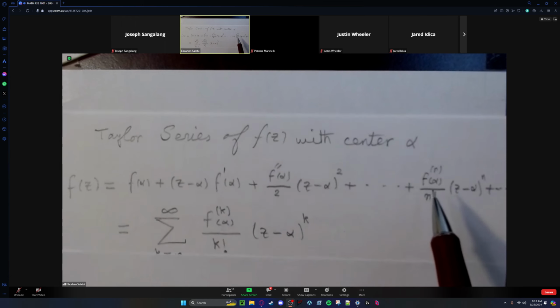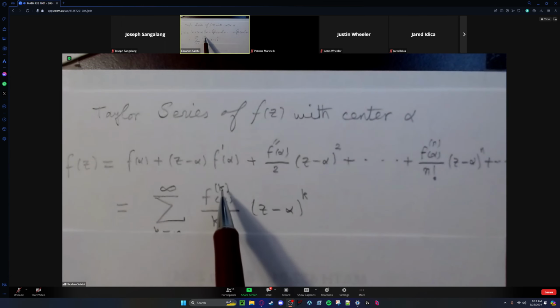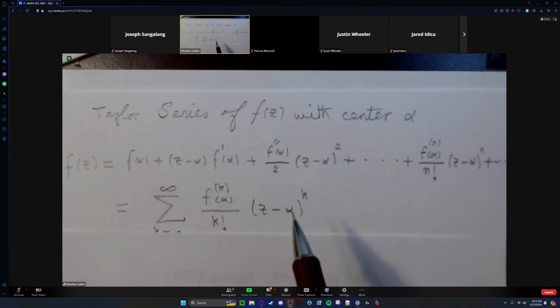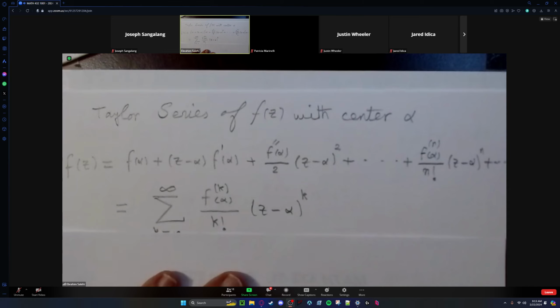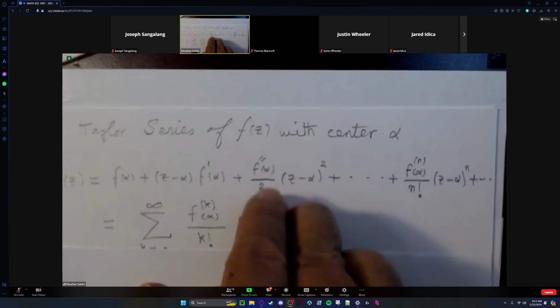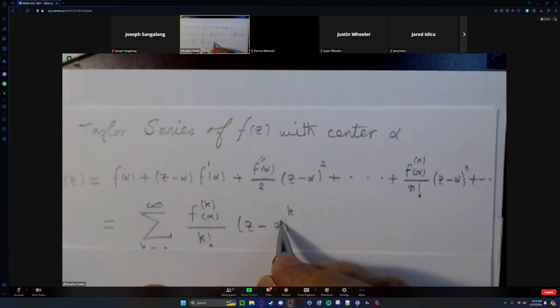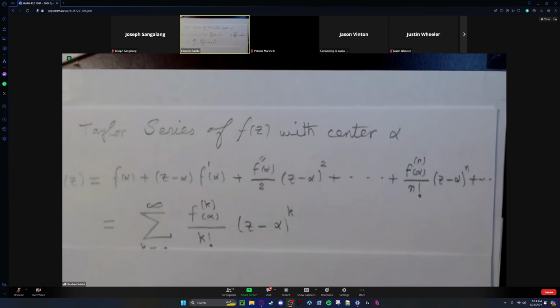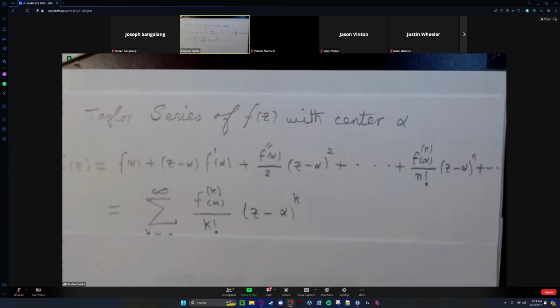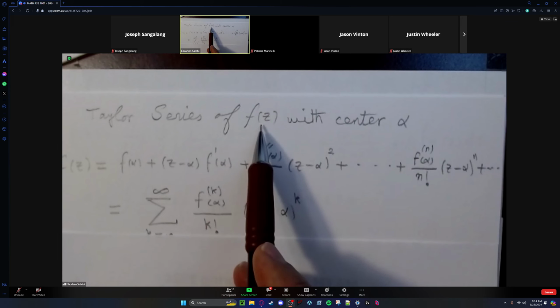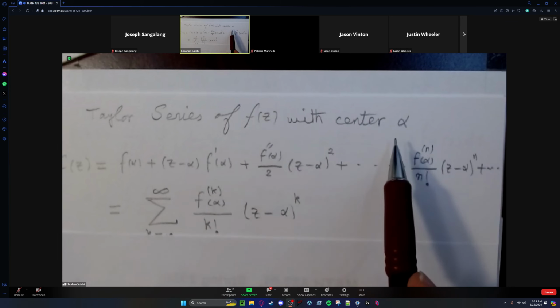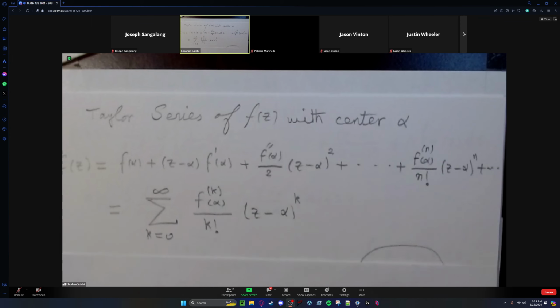The general term is the kth derivative of f evaluated at alpha divided by k factorial times z minus alpha to the k, all right? This is alpha, this center. This is called the Taylor series of the function with center alpha.